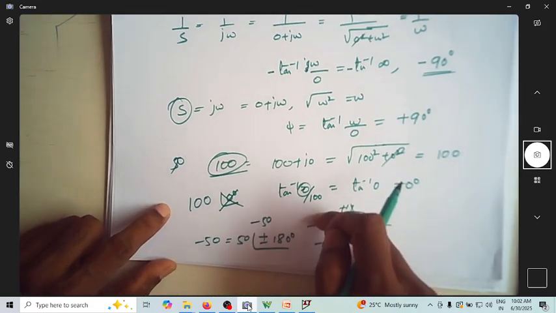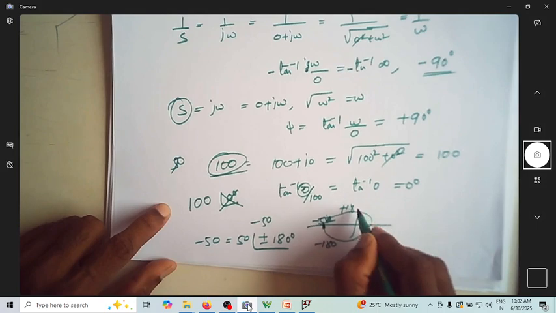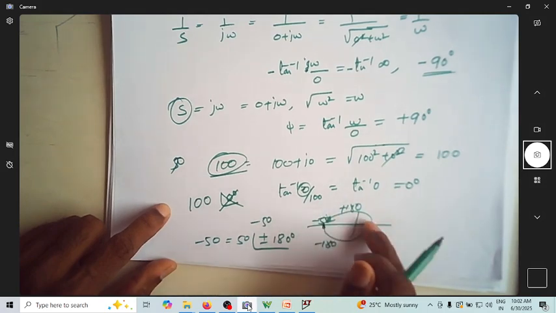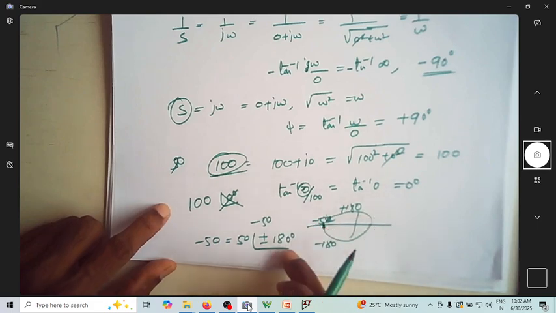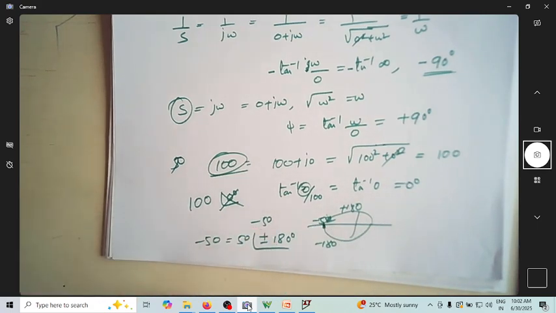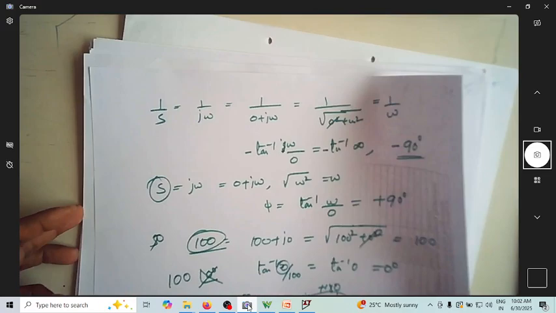If you are measuring from here, it is plus 180 degrees, and if you are measuring from the other side, it is minus 180 degrees. This is minus 1. Okay, these are all very basic prerequisites. Even then, they are a must.